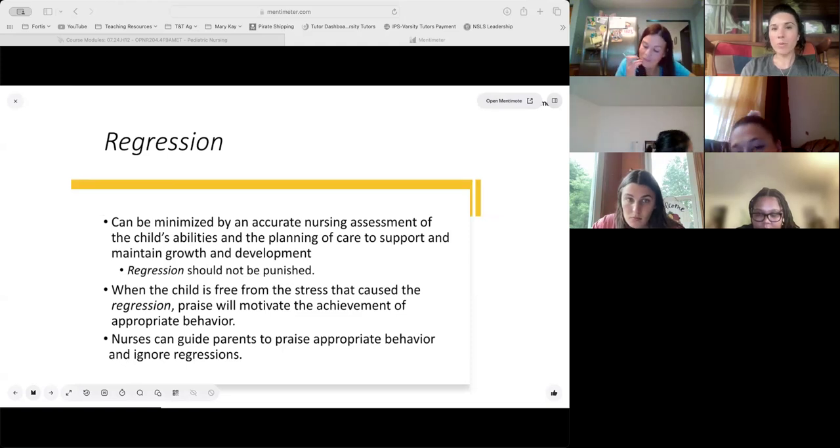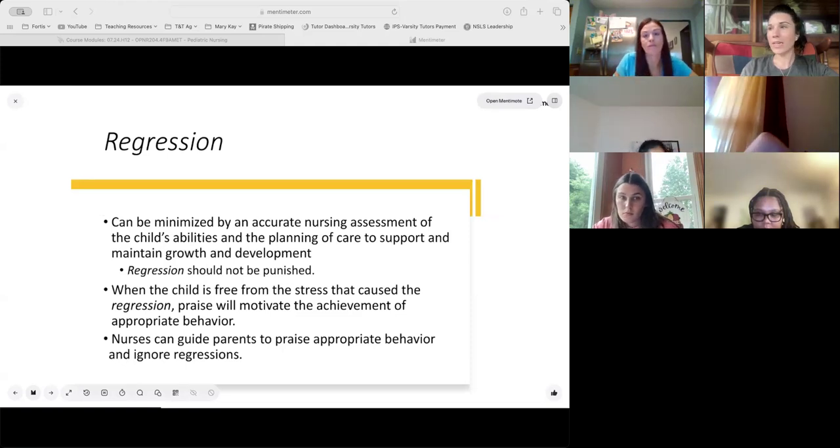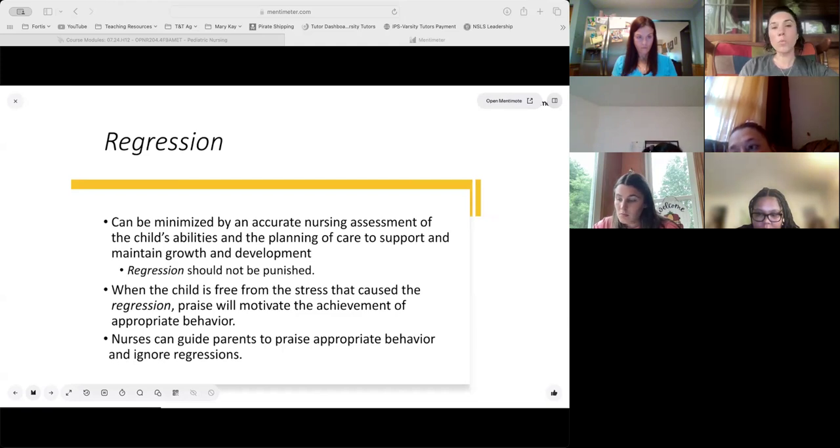The important thing to remember is this is just a stress response. This is their attempt at a coping mechanism. So as soon as we remove this child from this stressful environment and situation, they should go back to their normal level of functioning. So we don't want to punish these regressions. We just want to ignore them, let them do whatever it is that they need to during this time, and then praise that appropriate behavior.